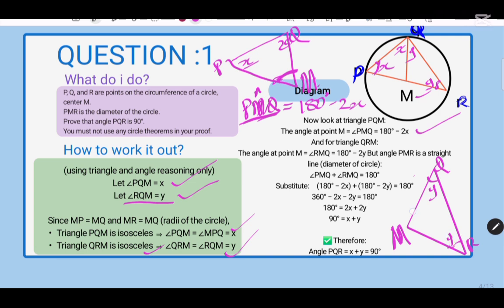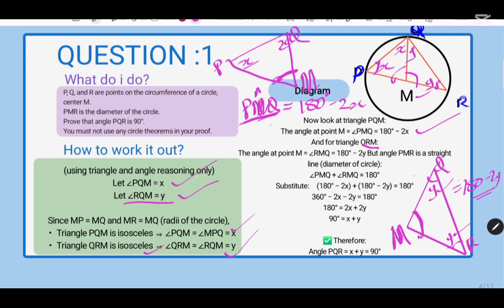That means angle QRM will be equal to 180 minus 2y. We take away this 2y to get the remaining angle. That means this angle and this angle have been sorted out as well.